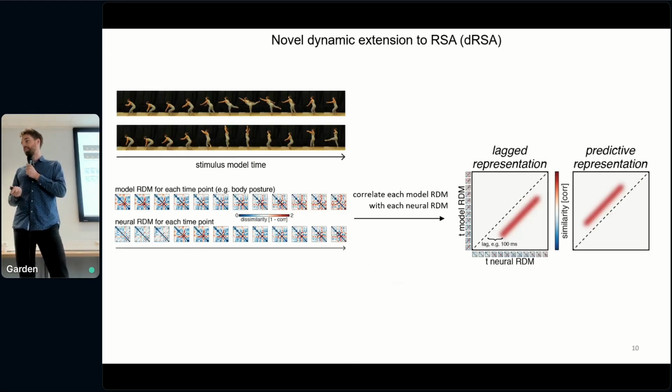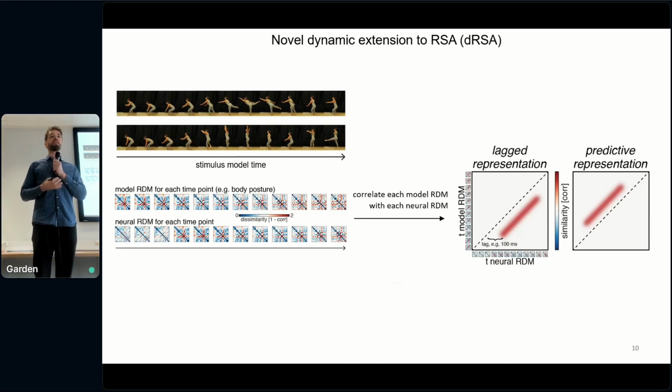And again, this is not real data, of course, it looks too pretty. But this is just to show two examples of what you could expect and what it would mean. It's a bit too simplistic, I'll come back to that. But this, in principle, would mean that if you have a strong similarity, so a strong match between the neural and the model representation in this lower right diagonal triangle, sorry, that the neural representation matches most strongly an earlier model representation.